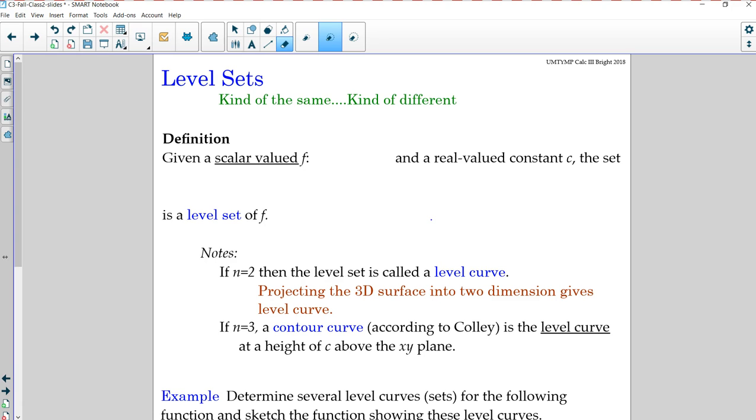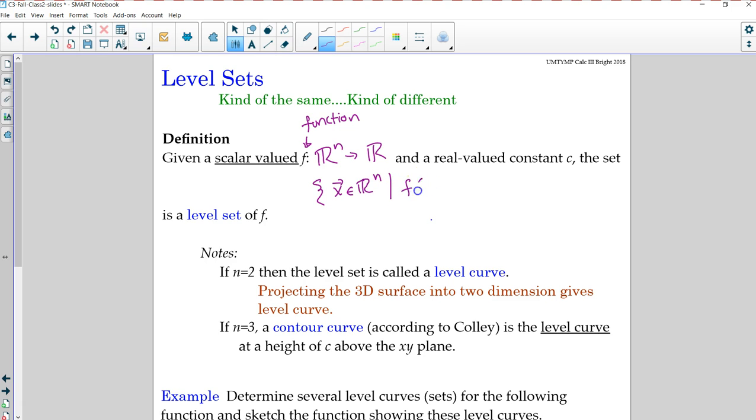So the definition of a level set: we have to be given a scalar valued function. This function needs to be a mapping from R^n to R, so we get one output, and we also need a real valued constant c. Then the level set is the set of all vectors x in that n-dimensional space such that f of x is equal to that constant c.